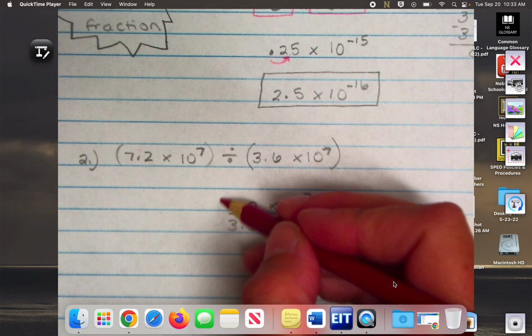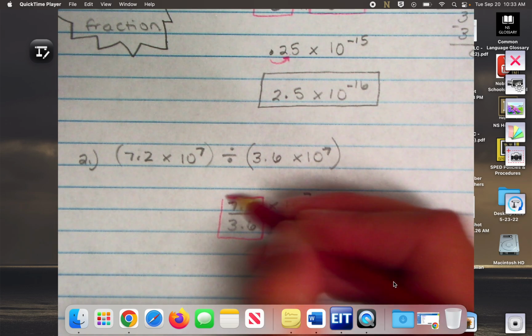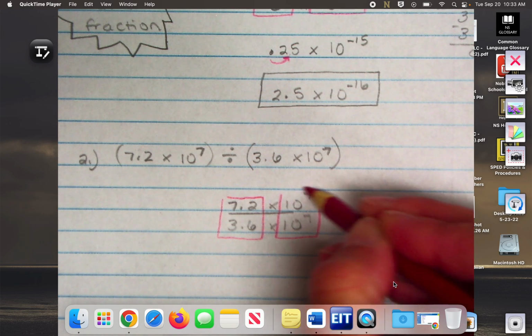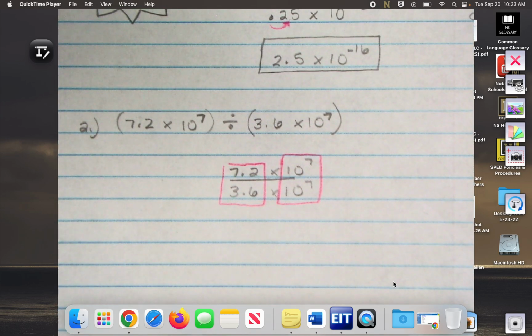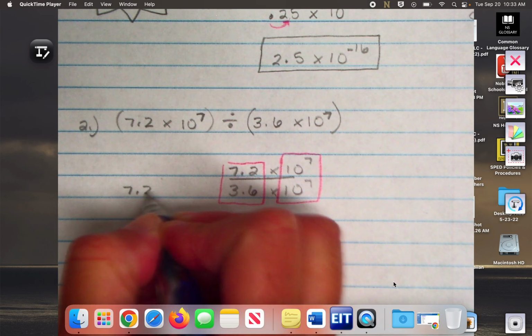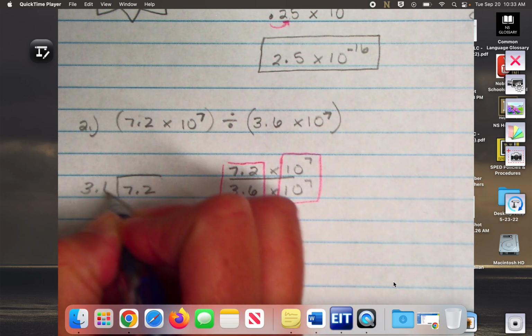Then I'm going to separate them into two separate division problems. And then out to the side, I'm going to do 7.2 divided by 3.6.